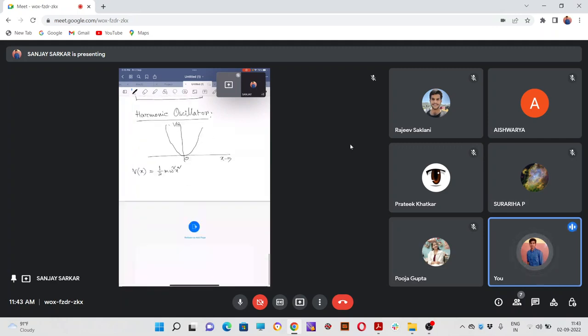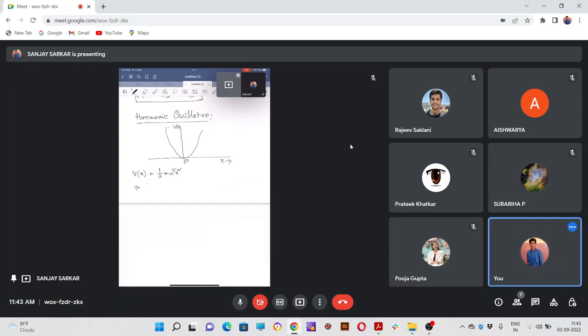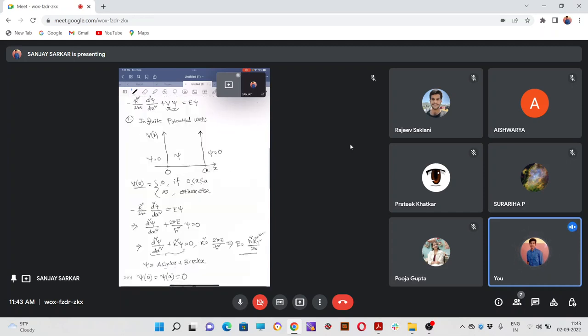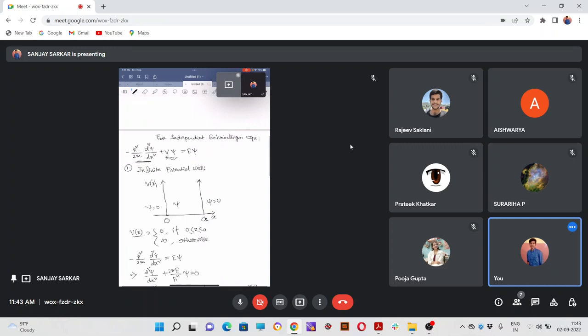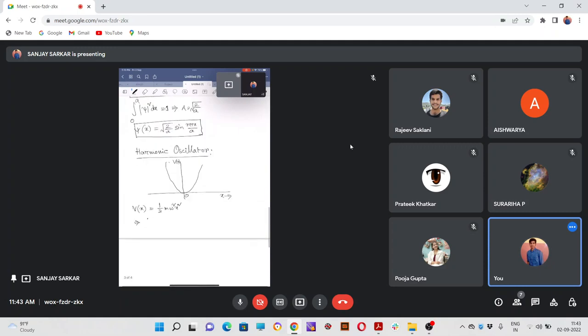So the Schrodinger equation will reduce to this. We can write this term in terms of the momentum operator, because p is h bar by i del x. So if we write this Schrodinger equation, we can write it this way, putting the value of potential energy.